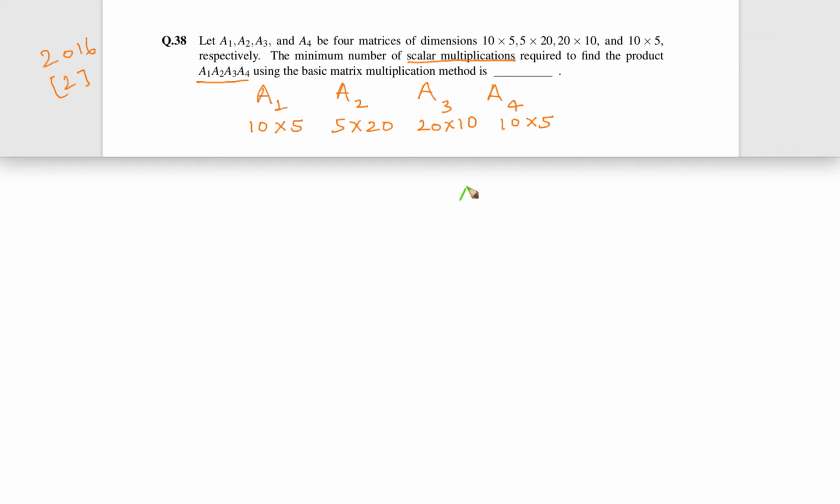What I mean is that if I say Ai to Aj, all the matrices from Ai to Aj have to be multiplied, and the minimum number of scalar multiplications required to find that product, let's assume, is Mij. We will create a table where at index i comma j we put that value. For example, if somebody says A2 to A4, then M2,4 will be for the product A2 into A3 into A4, and this is a subproblem.